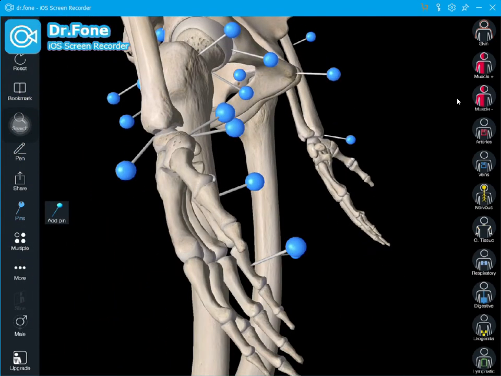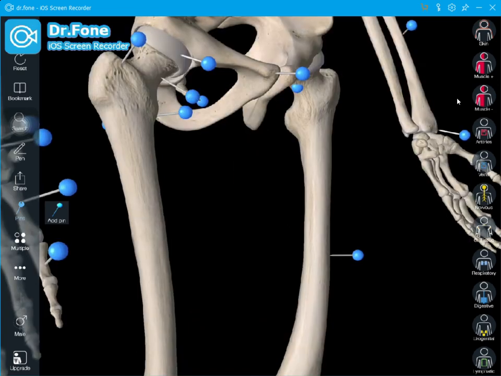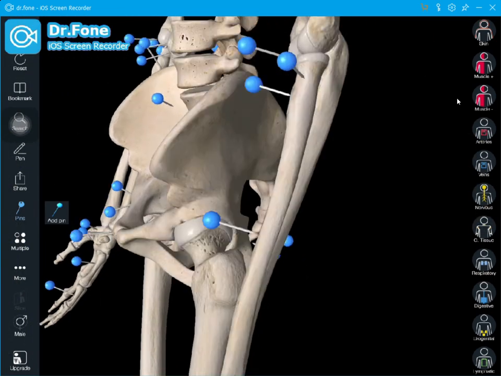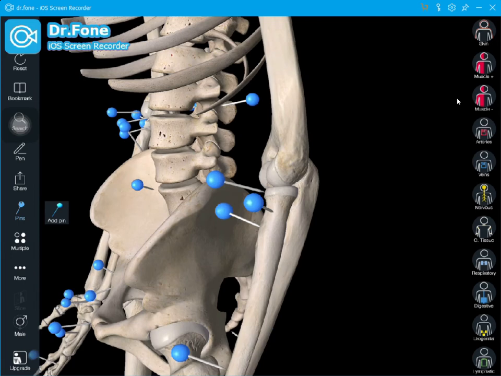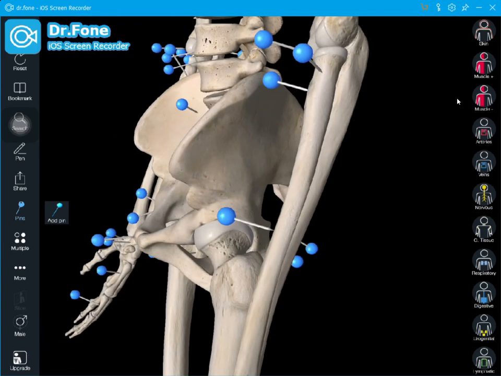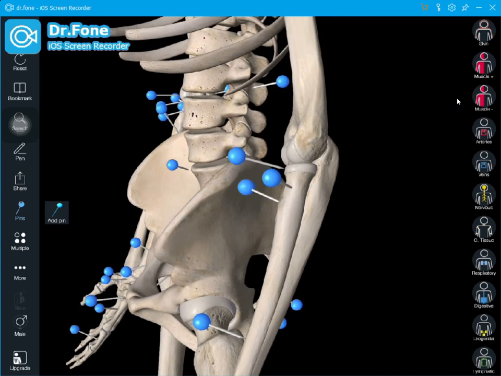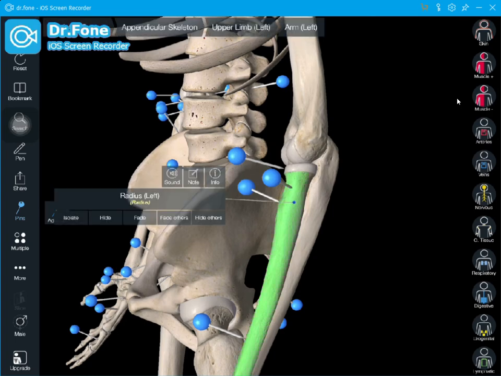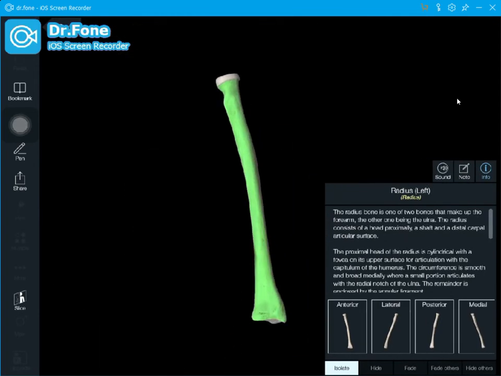Okay, I think I went through the whole cranial stuff. Let's see if I have any notes on the lateral portion. So that's your radius, and your radius has a neck. Let me isolate this real quick to give you a better view.